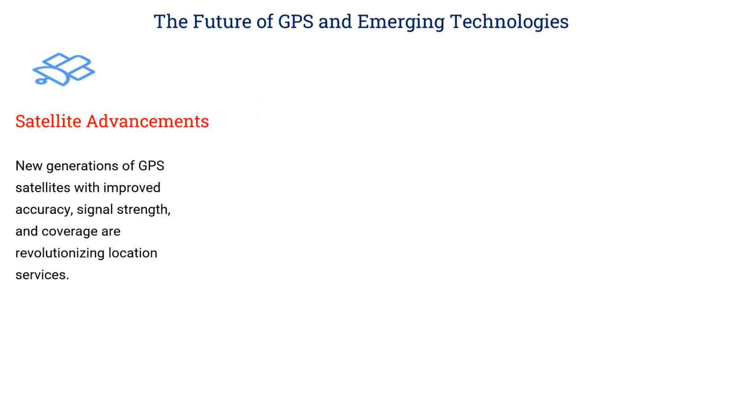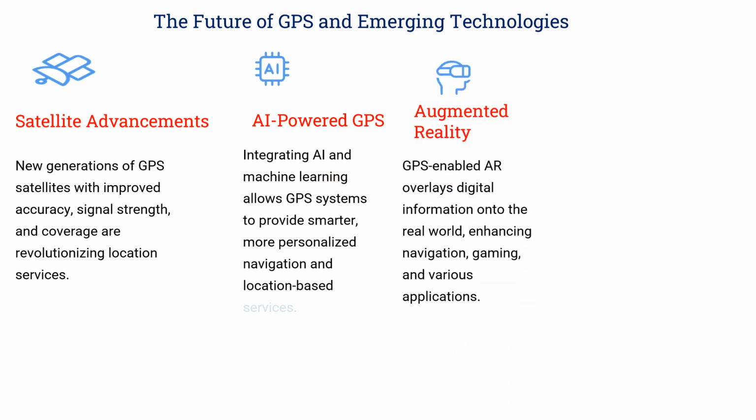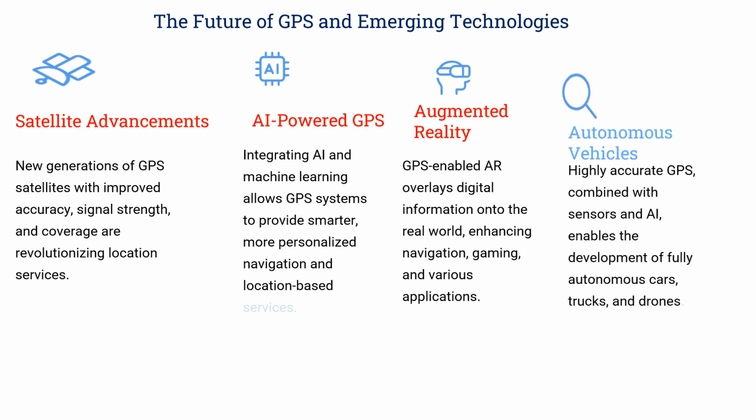So what is the future of GPS? New generation GPS has improved accuracy, signal strength, and coverage. It can integrate AI and ML, allowing GPS to provide smarter navigation systems. AR-enabled GPS can also provide improved navigation and gaming applications.